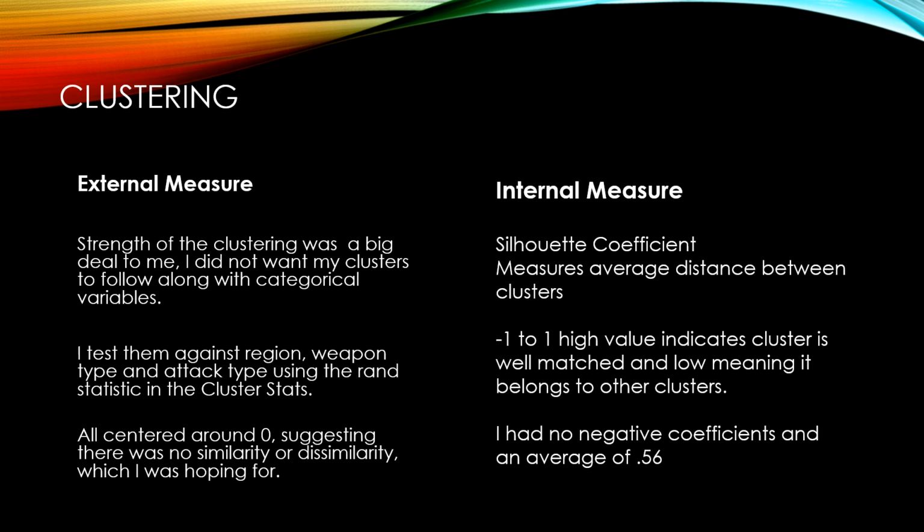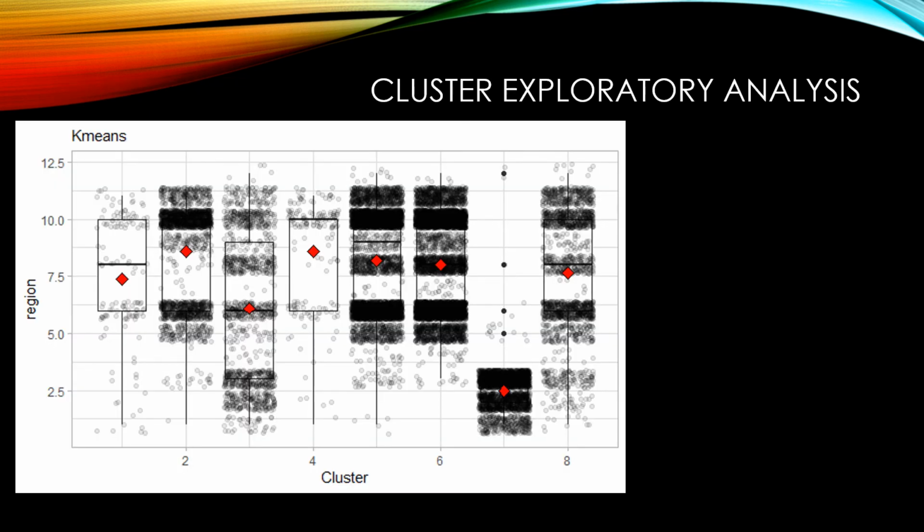This one also ranges from -1 to 1, where 1 represents a high value or a well-matched value between the cluster and the point, and a -1 meaning that a point has been mislabeled. I had no negative coefficients, which means none of my points had been incorrectly labeled, and I had an average silhouette coefficient of 0.56.